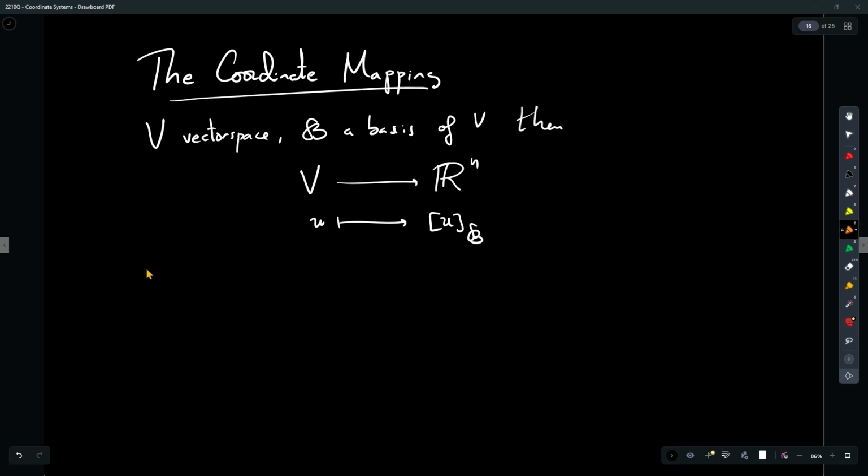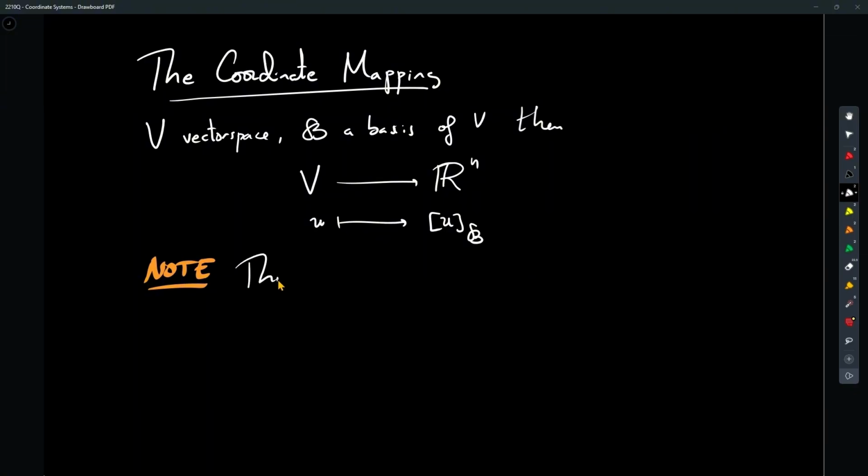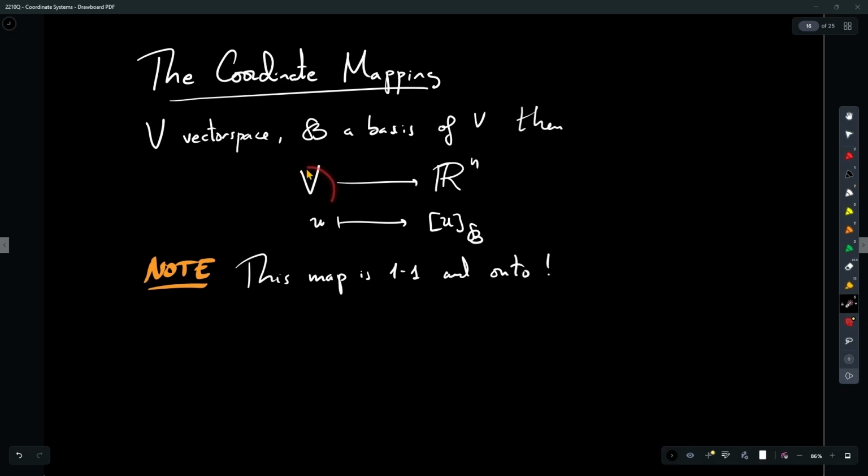And note that this map is 1 to 1 and onto, because for every vector, since this is a basis, there is a linear combination of the vectors in the basis that gives me that vector u.